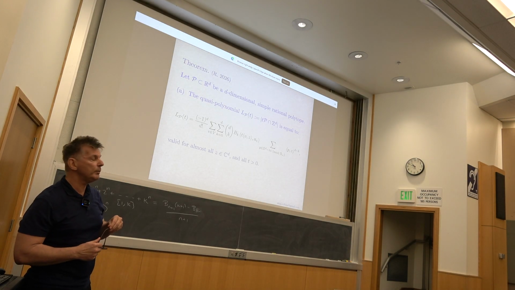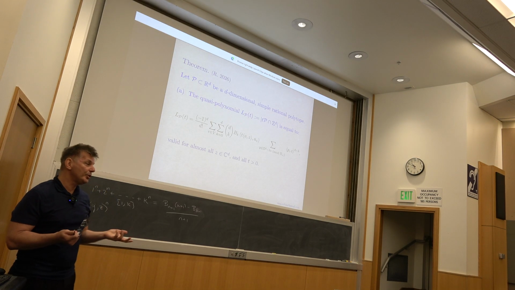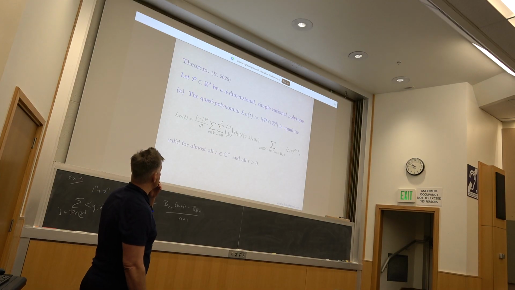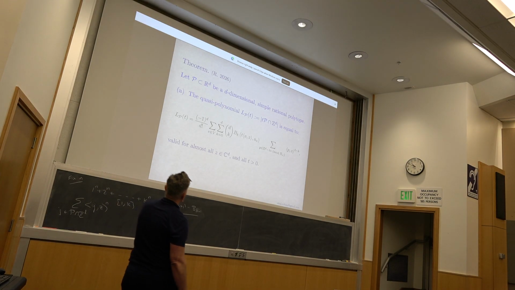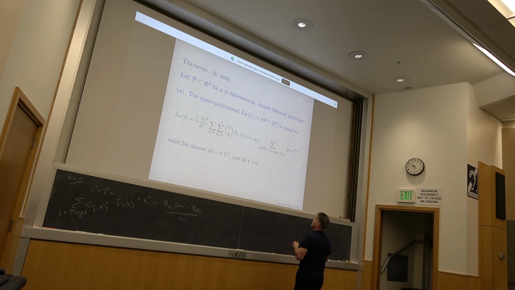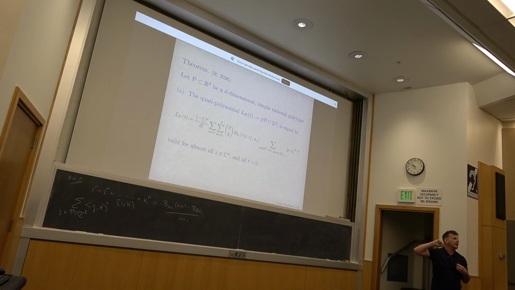So now the question is, what can you do with it? Isn't the right-hand side a continuous function of z? Then shouldn't it be true for all z? Why do I have the word almost all? That's the question. It's because of the proof, really.